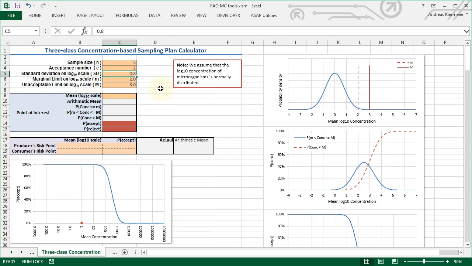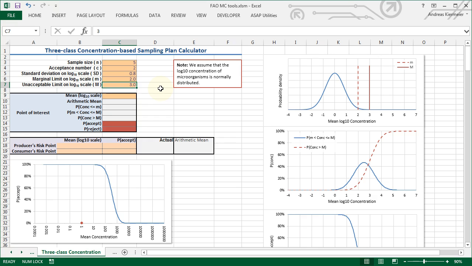Now, you may be able to obtain an estimate for the variability from historical data, from published literature for similar products, or by collecting a few sample units as part of a pilot stage. You also need to decide on values for these limits, the marginal limit little m and the unacceptable limit big M, though these are both business or risk management decisions rather than statistical ones.